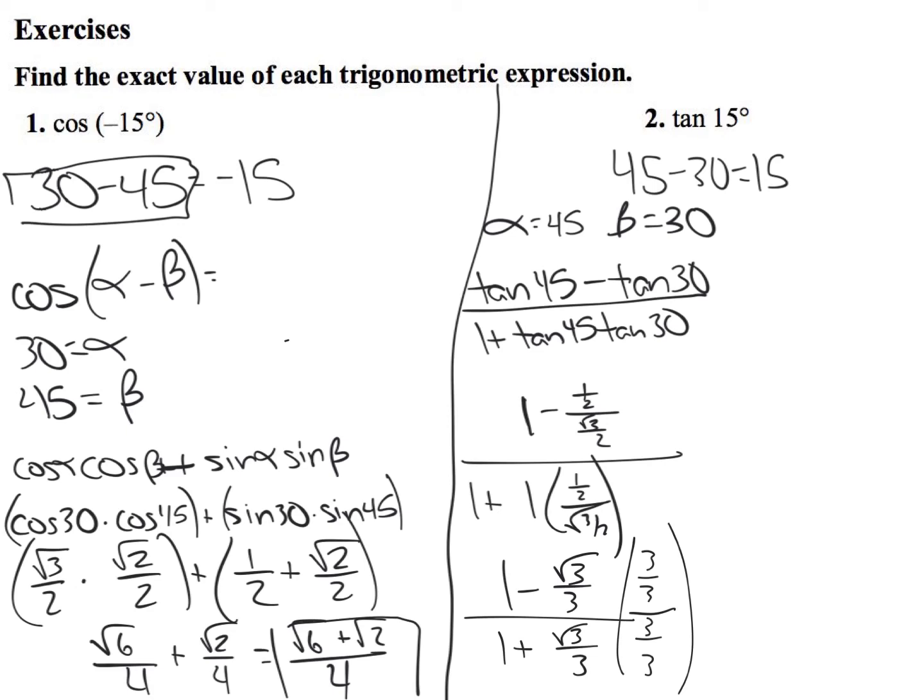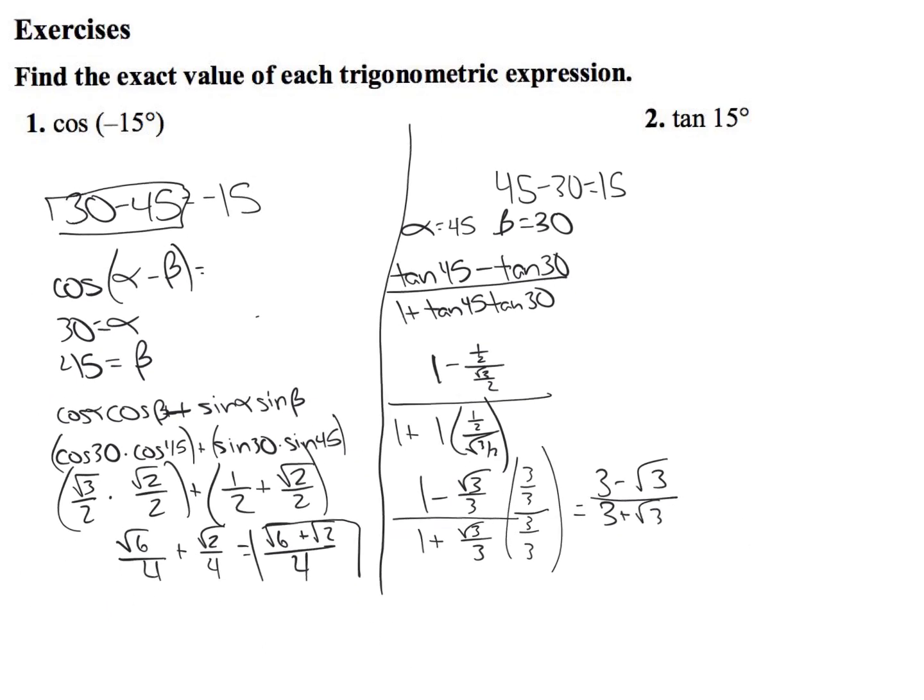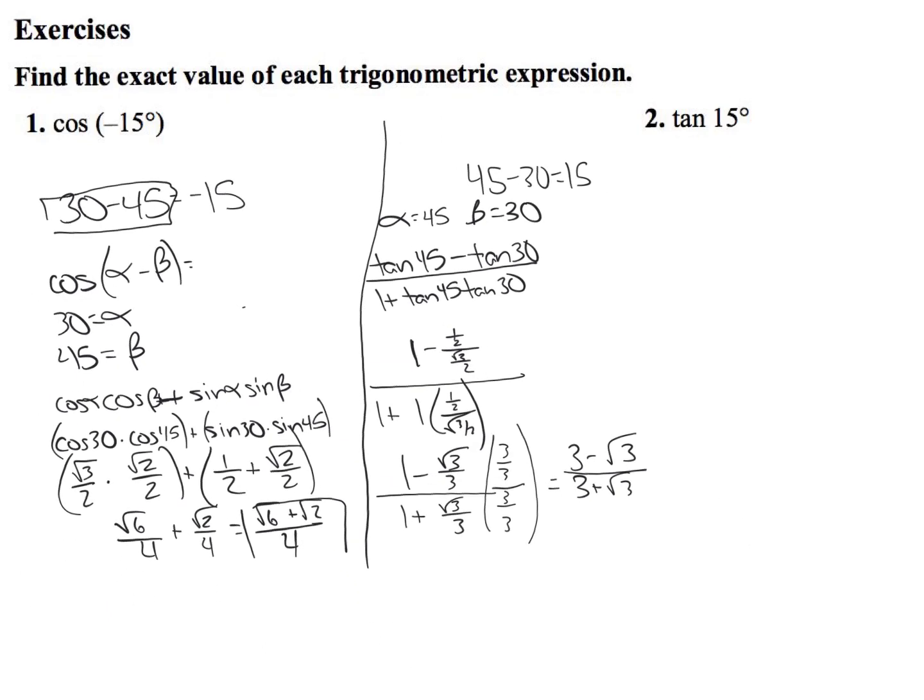That then simplifies this down to 3 minus root 3 over 3 plus root 3. I need to make this a little smaller so I can fit more on there. There we go. And then going through, now you have to rationalize.